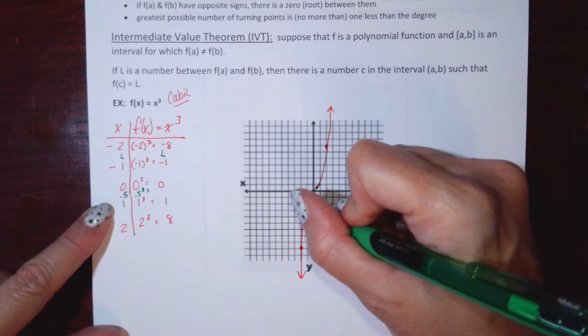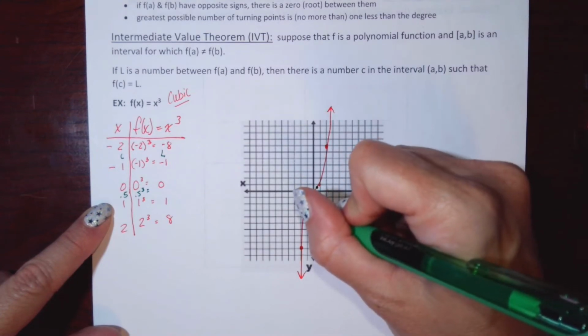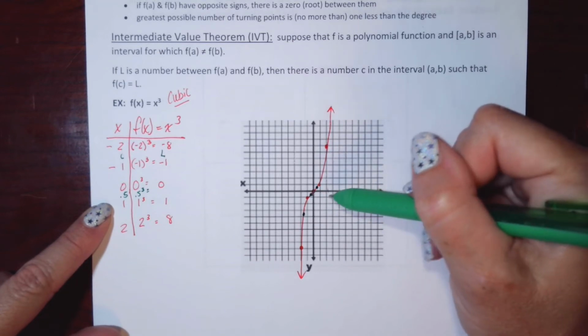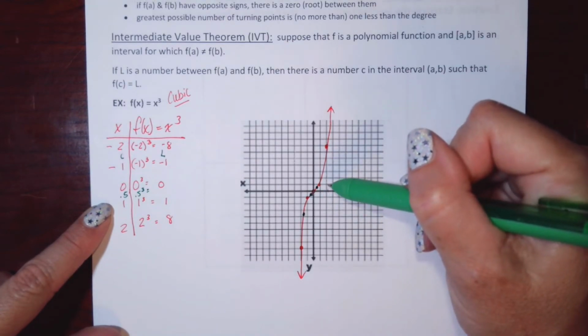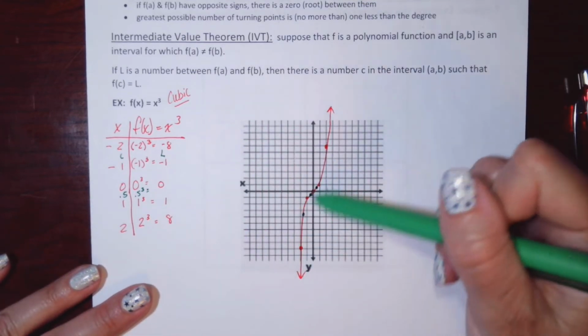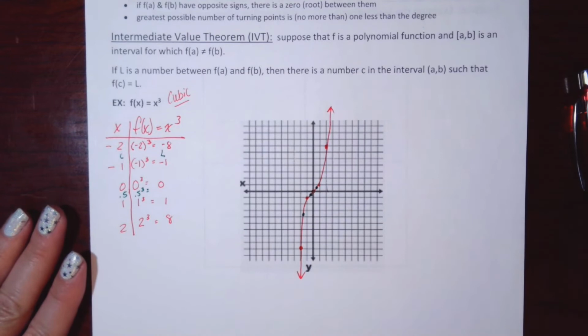So I know that whatever values I choose on my x-axis in my domain is going to correspond to a y value that will fall between the other y values. That's what allows me to have that continuous graph.